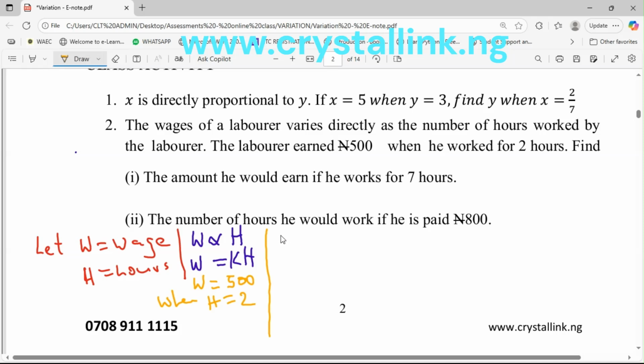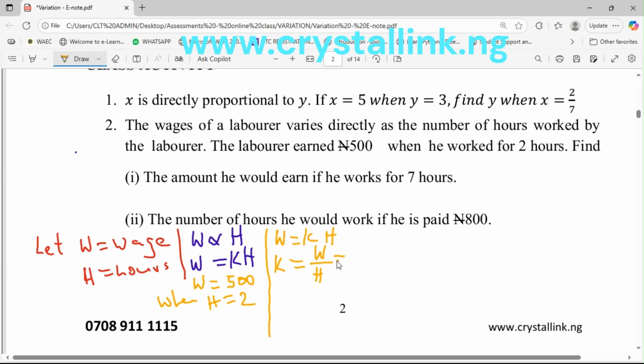So that means W equal to KH. So K will be equal to, dividing both sides by H, W over H. Yes, because I'm trying to make K the subject of the formula now. Making K the subject of the formula means K will be on one side, then the other things will be on the other side.